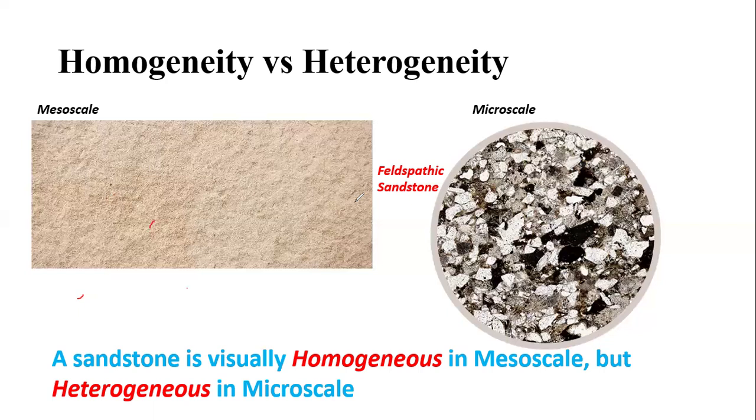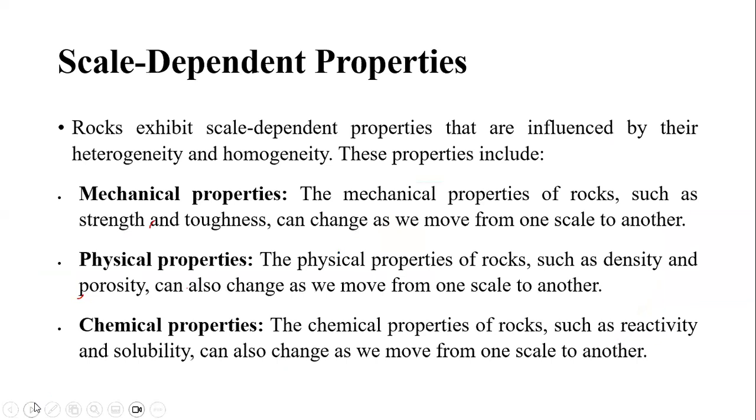As mentioned in the second lecture of the structural geology course, we need to combine the different scales so that we come up with a solid conclusion for a particular rock, or for a particular geologic process. Okay. So, scale dependent properties.